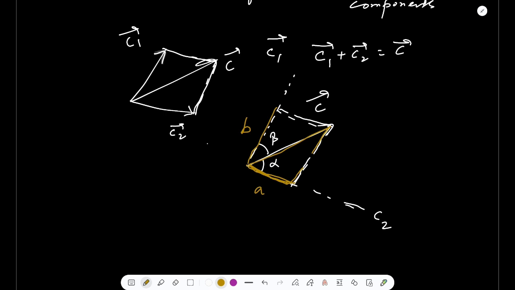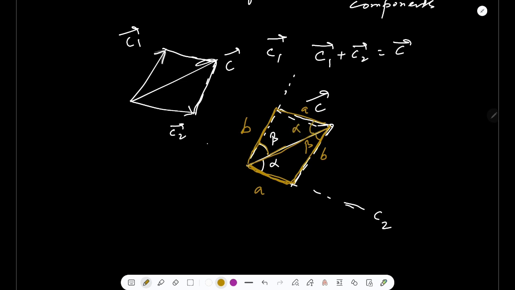We can use this parallelogram's properties, and we can use either of these two triangles. If this angle is beta, this angle is also going to be beta, and if this angle is alpha, the next angle is also alpha.